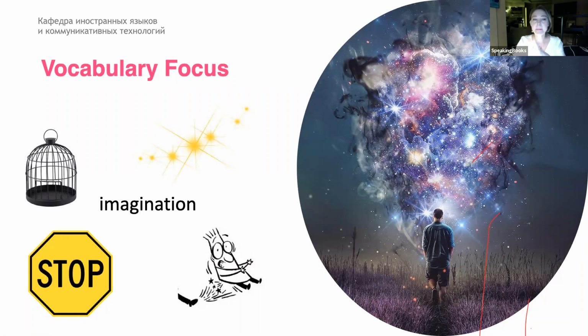Also, there was a wonderful phrase about imagination that Nessie called for a lot of imagination. My question now is, I have found some images for you. You can see a cage, you can see some sparkles here, you can see the stop sign and somebody kicking another person.